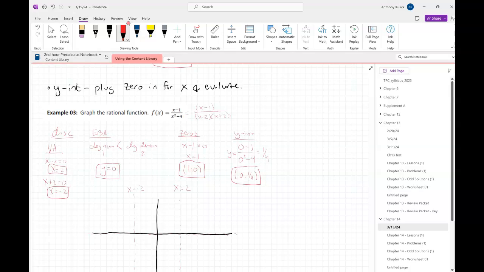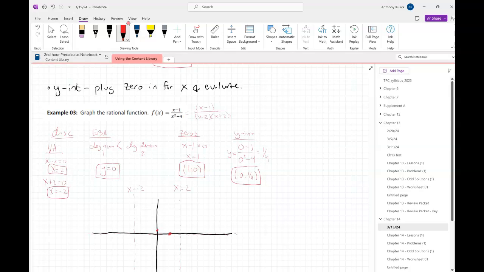So far, so good. Okay, I have 1, 0, and then 0, 1/4. And now I need to draw the rest of my graph.